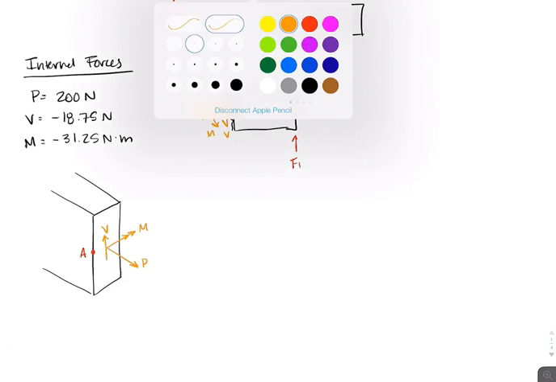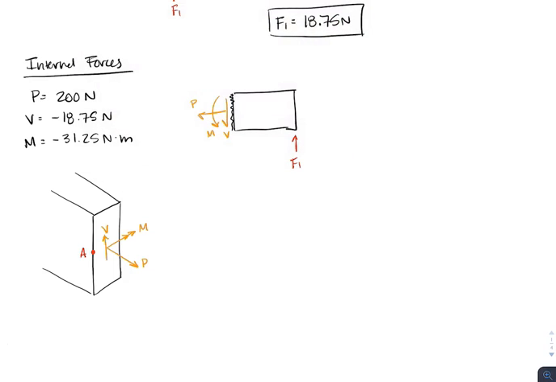If we write down our equations for the stresses we're interested in, our axial stress, our normal stress, is just going to be a force over an area. We also have a shear stress, which is equal to VQ over IT. In this case we don't have a stress due to the bending moment, since the stress we're looking at is on the same line that the moment is bending about.